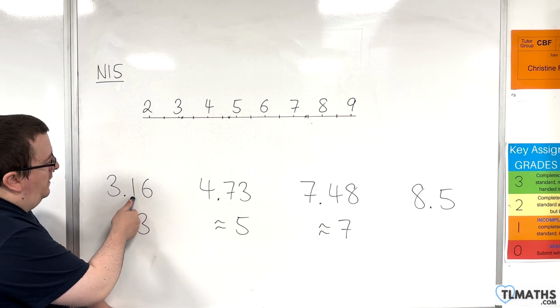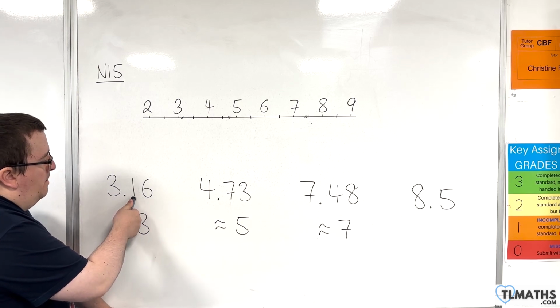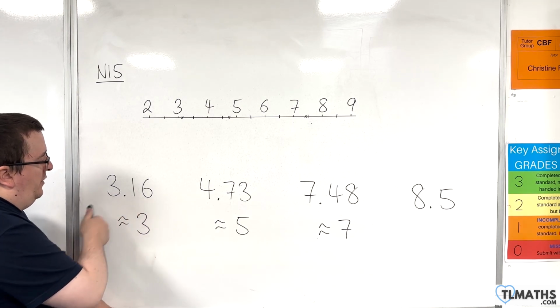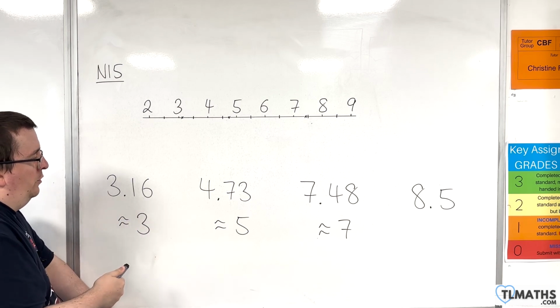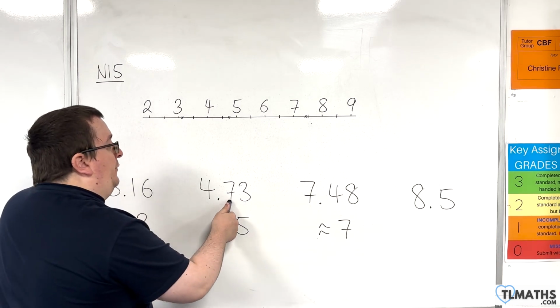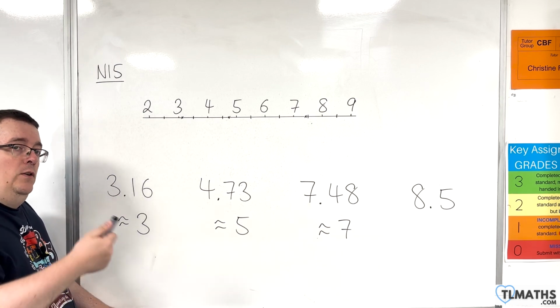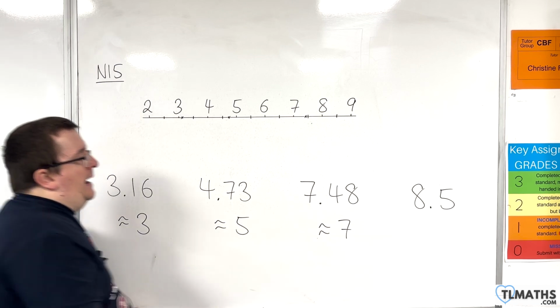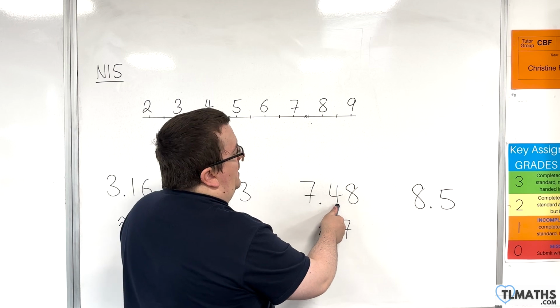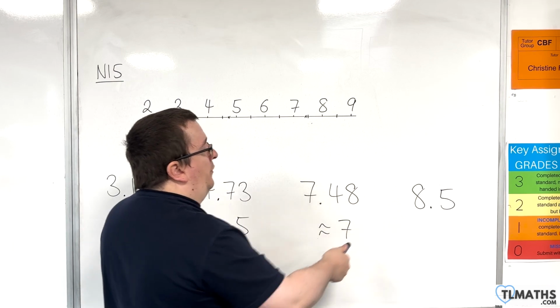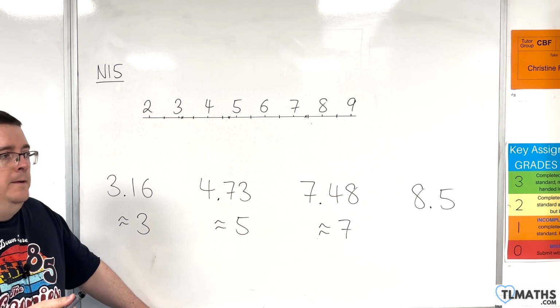So the fact that this was a 1 meant that I was closer to the 3 than I was to the 4. The fact that it was 7 was telling me that it was closer to the 5 than it was the 4. And the fact that that was 4 was telling me it was closer to the 7 than it was the 8. Okay?